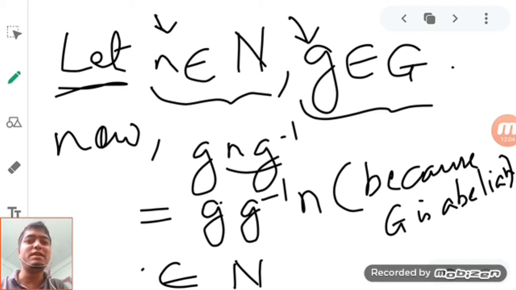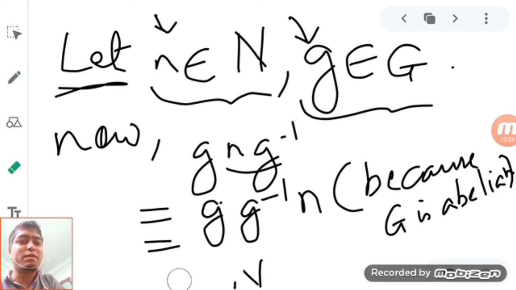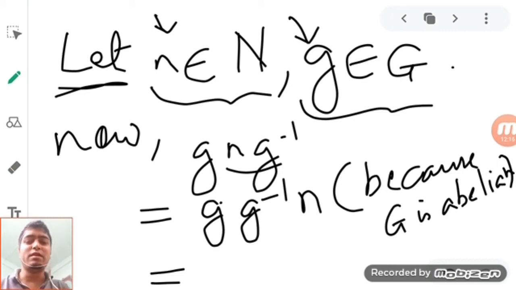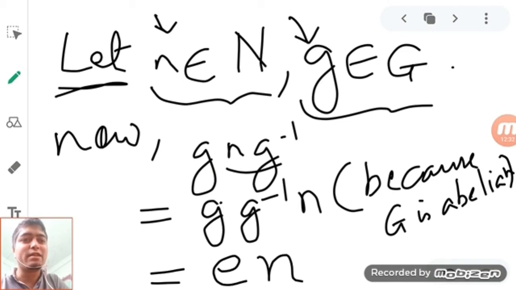Let me erase this part for now. After interchanging, but first let me repeat, you can only interchange any two elements of the group if it is abelian. Over here it is abelian, that's why we can interchange. So now that we have finished interchanging, we can write it in this way.